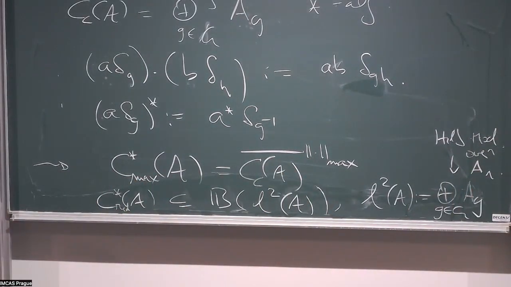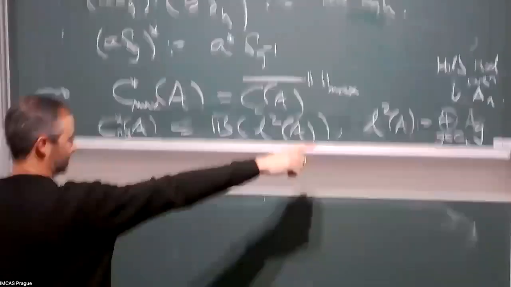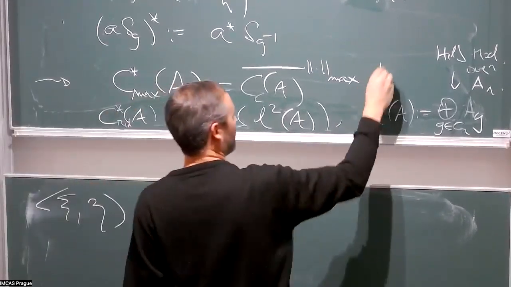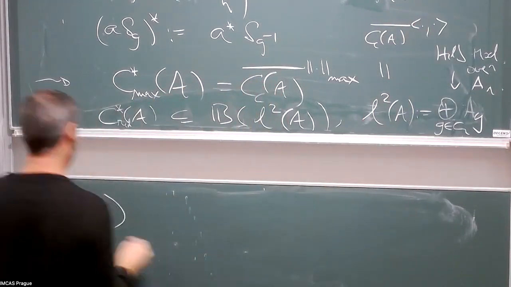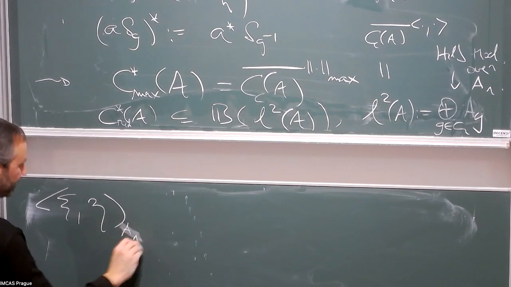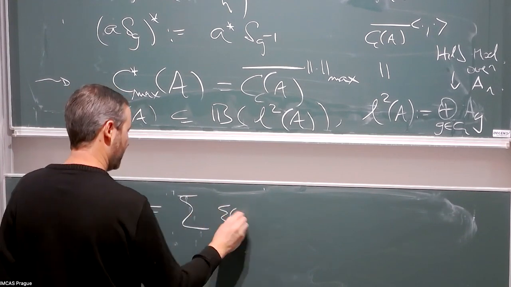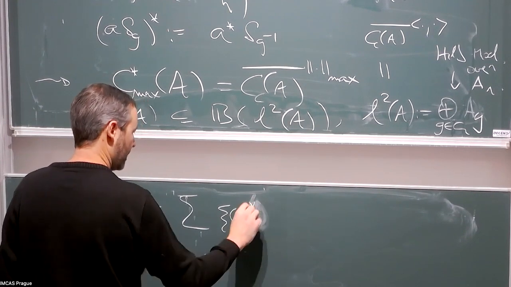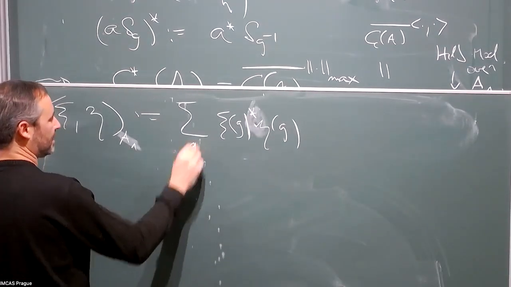In a very natural way, I can define here the inner product. So this is just the completion of the same space here, I should say, with a certain inner product, with values in A1. We take the most canonical thing.